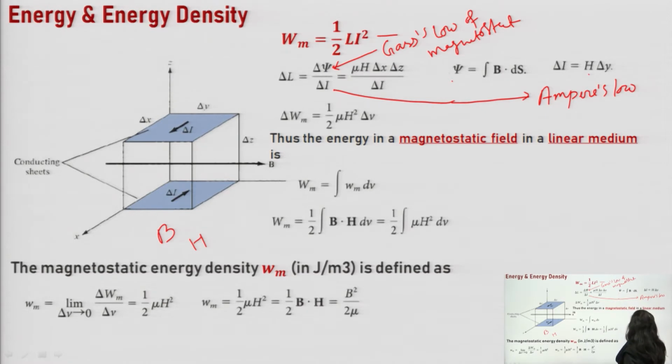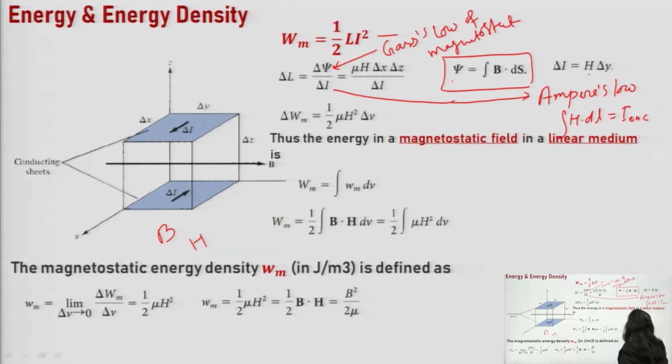According to Gauss's law, total flux inside a closed surface is equal to 0, and flux can be found with the help of this formula, phi is equal to B dot ds, where B is the flux density. And according to Ampere's law, H dot dl is equal to total current enclosed.